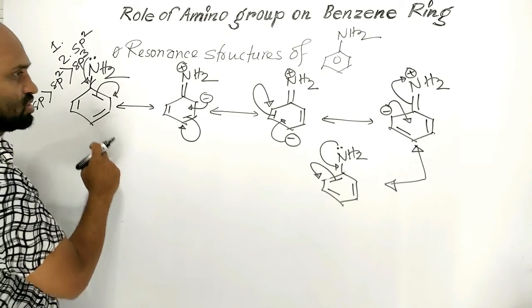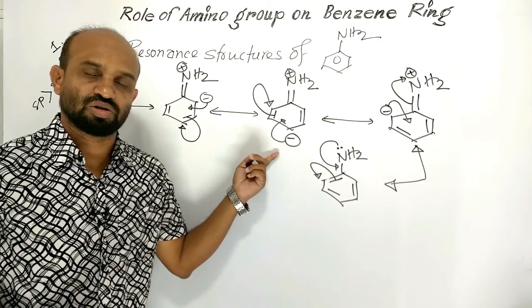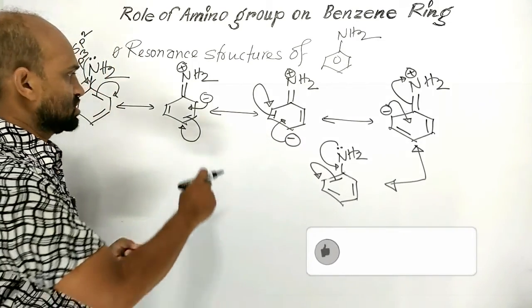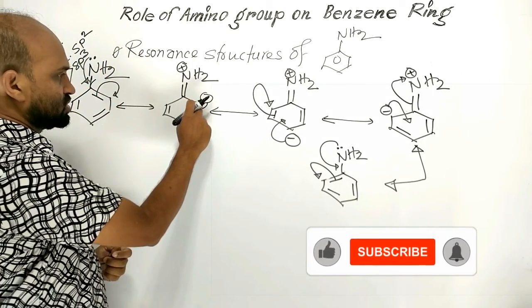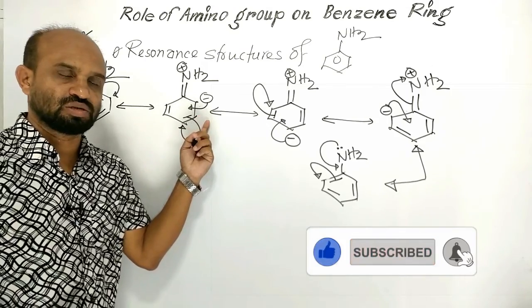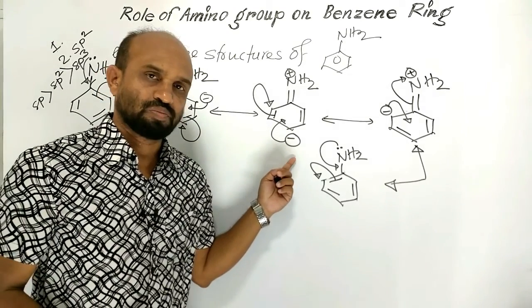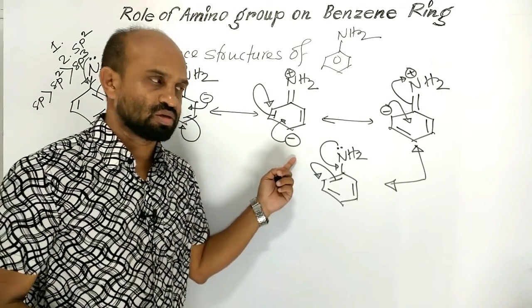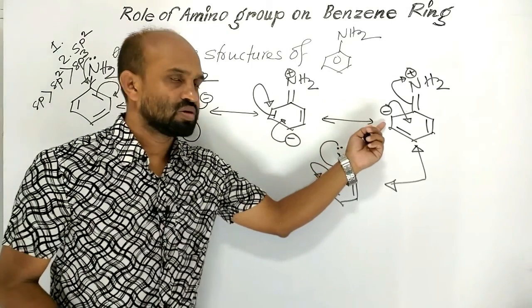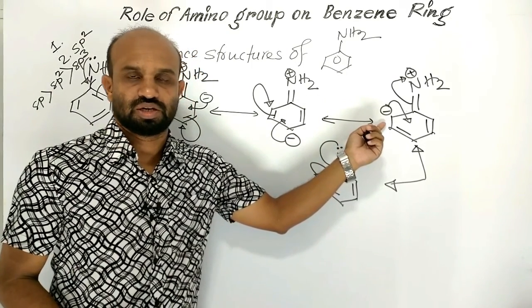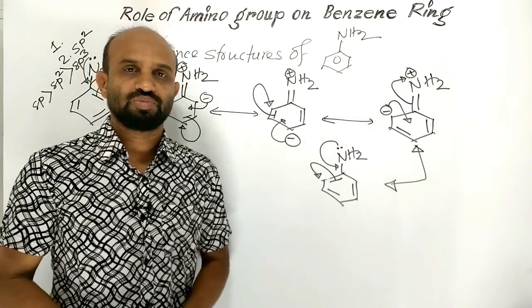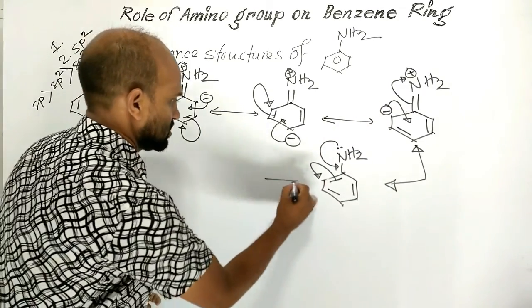That is, through the formation of resonance structures, ortho carbon becomes negatively charged, then para carbon becomes negatively charged, and again ortho carbon gets negatively charged. The resonance hybrid structure is this.